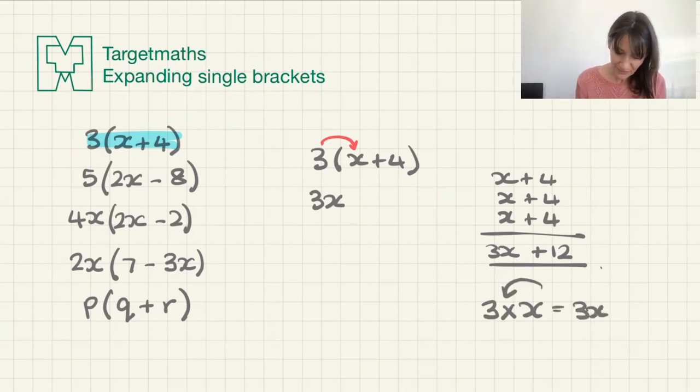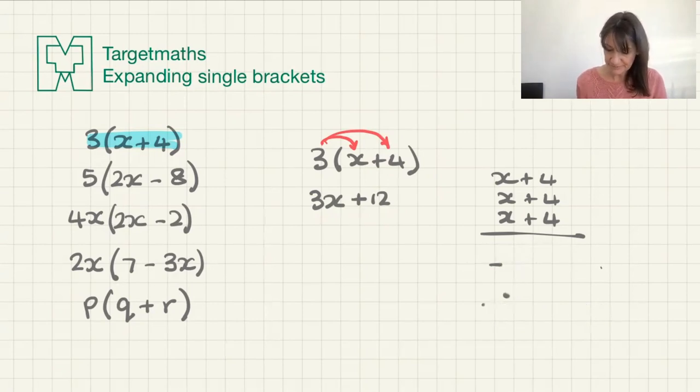I'm then going to do 3 times 4. 3 times 4 is 12, and it's a positive 12. And that sign here is really, really important. Sometimes I see these written without the sign, and that could cost you a mark in your exam. So getting that sign right is really important. Okay, so that's the first one done.